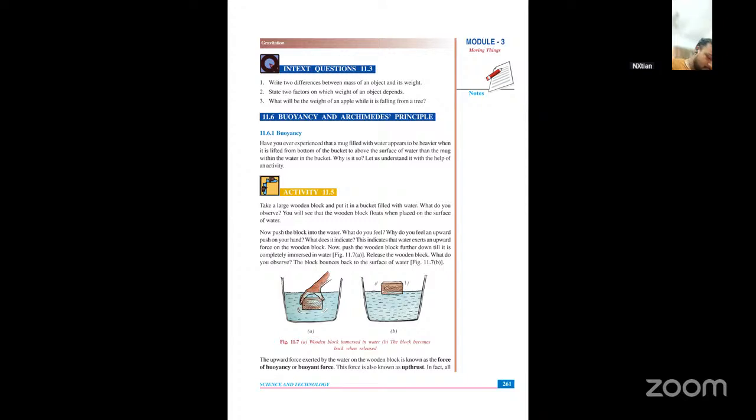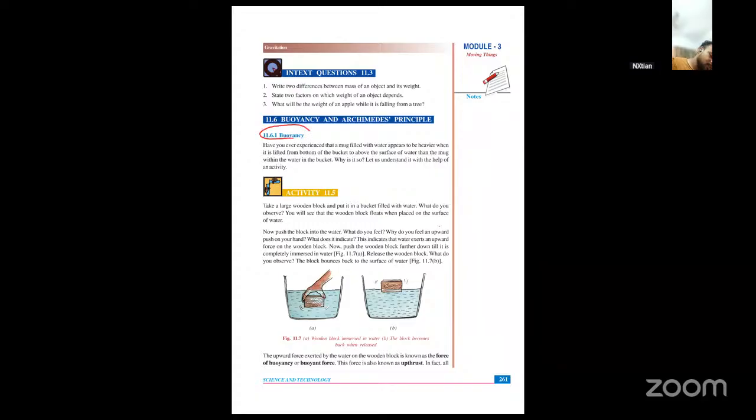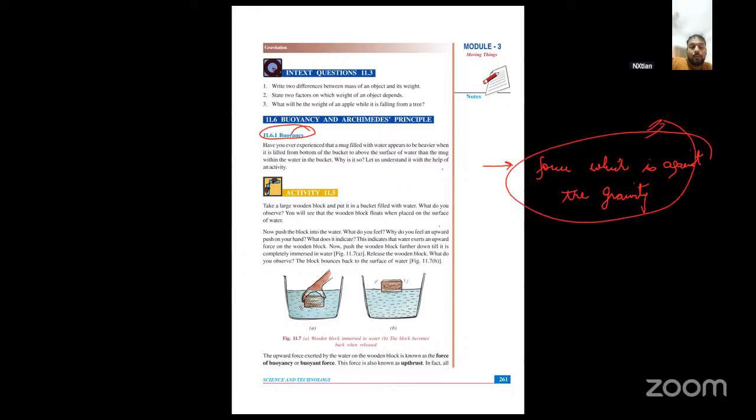So basically buoyancy is a force which is against the gravity. Why is it against the gravity? I said the buoyancy force is against the gravity.